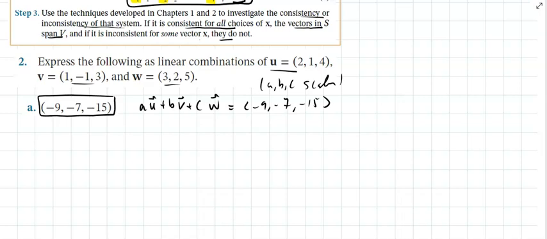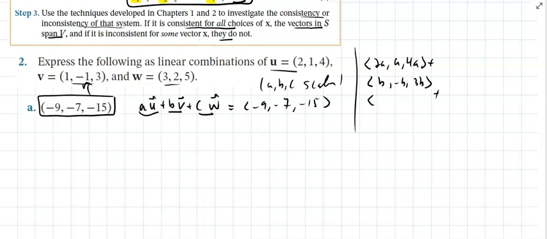Well, how does that work? Now I'm going to do the first problem only the long way, here on the side. A times U, that would be 2A, A, and 4A, plus B times V, that would be B, negative B, and B, and I'm putting them like that on purpose, plus C times W, that's 3C, 2C, and 5C.